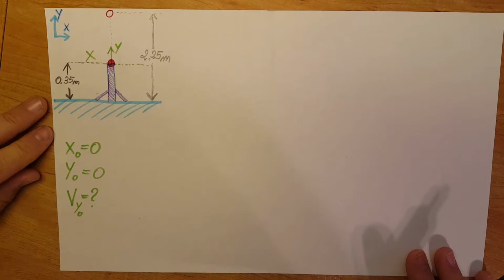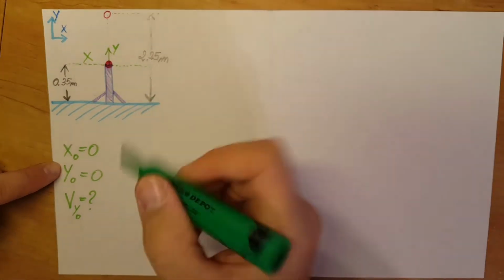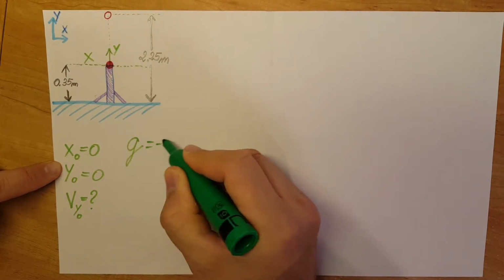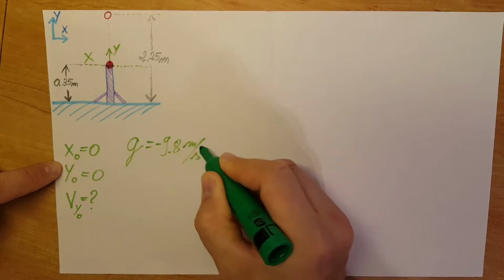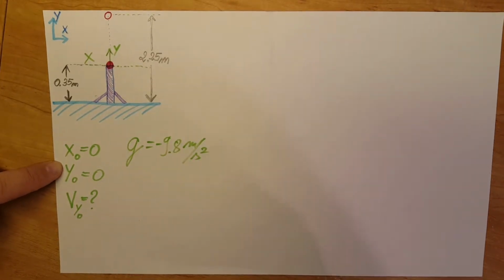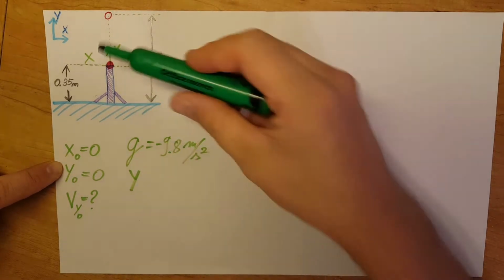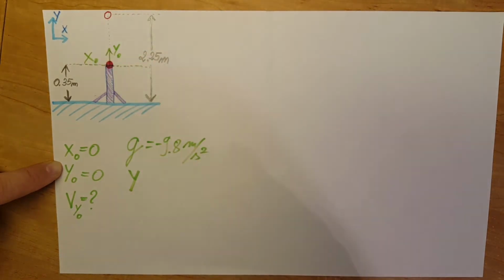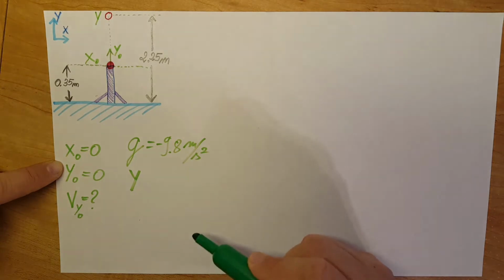So let's find out some things. We know gravity, that was negative 9.8 meters per second squared. We can find out our final y. Y0 is down here, and our final y is up here.